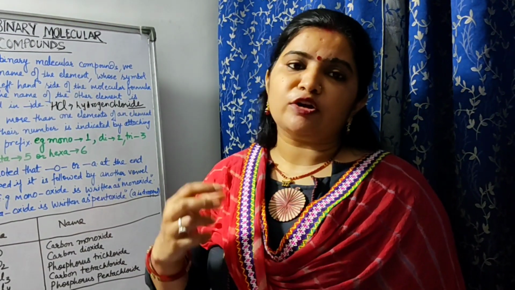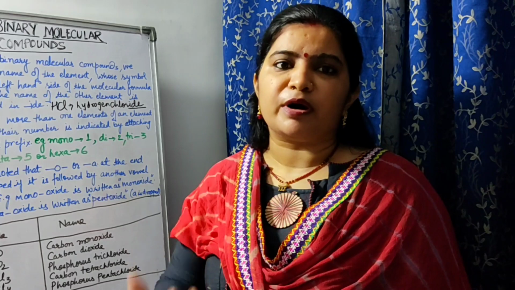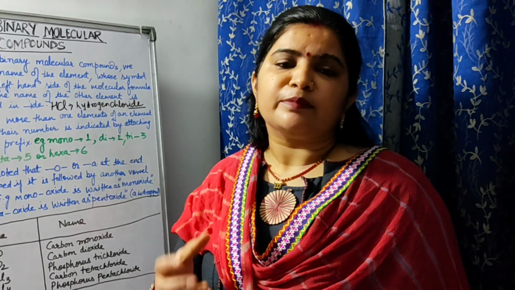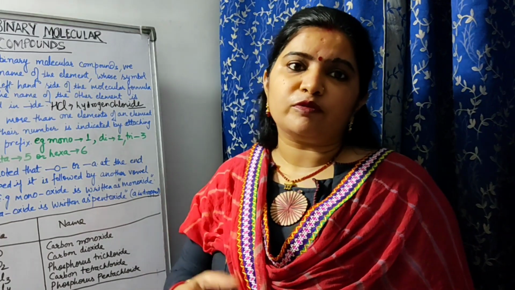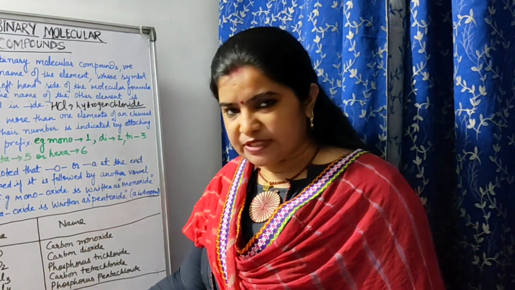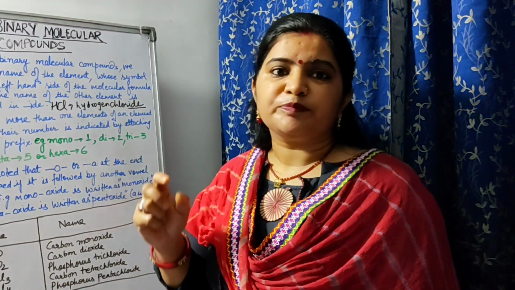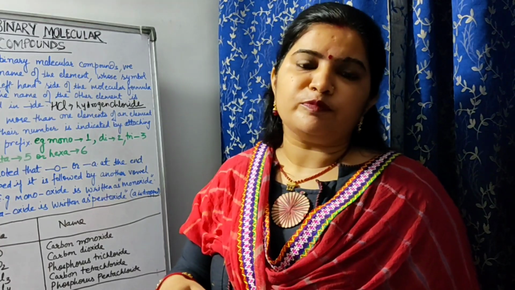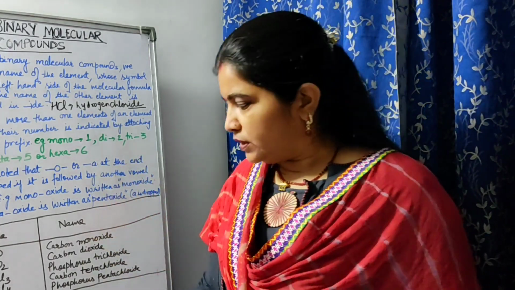Generally metals and non-metals combine to form compounds, but it is not applicable every time. Some compounds are made up of two non-metals also. I have written some examples here, and in the description box I will give you a table. From there you can note it down.